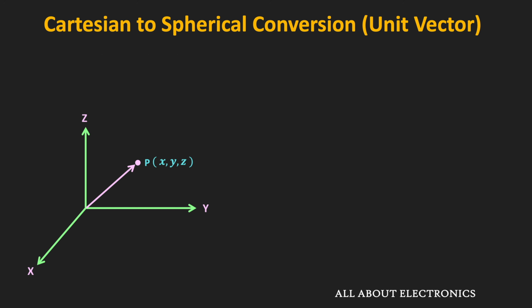Let's say that is equal to P. In general in the Cartesian coordinate system, this vector P can be given as a_x times a_x plus a_y times a_y plus a_z times a_z. But since it is the position vector, the values of these components a_x, a_y and a_z will be the same as the coordinate values x, y and z. That means in the Cartesian coordinate system, this vector P can also be written as x times a_x plus y times a_y plus z times a_z. So here our aim is to find this a_r, a_theta and a_phi, right?